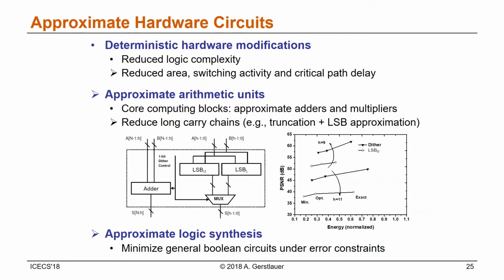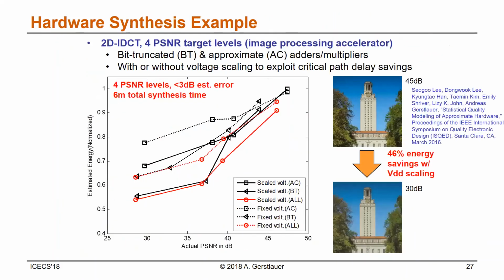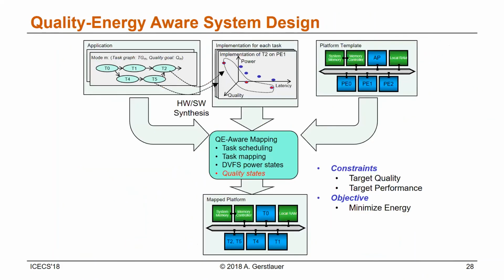And for example, let us say if we have an adder, we can perform the most significant bits assuming some carry, without waiting for the carry to arrive from the least significant bits. So all of these tricks and changes really depend on the quality and the energy trade-off.